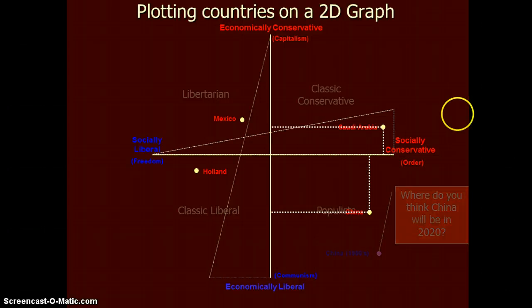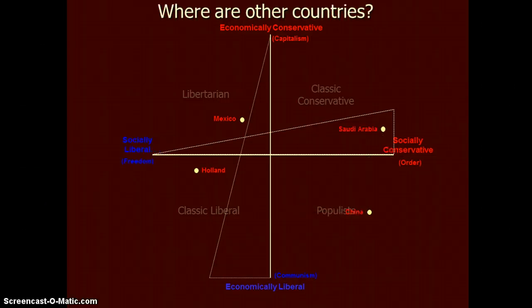So I'm going to click forward here and add just a few more countries that you can see here. North Korea, a country that's extremely strict on social issues, and also the government's very involved. England and the United States are very similar in terms of social issues on the x-axis, but you can see economically the United States is a little bit more conservative.